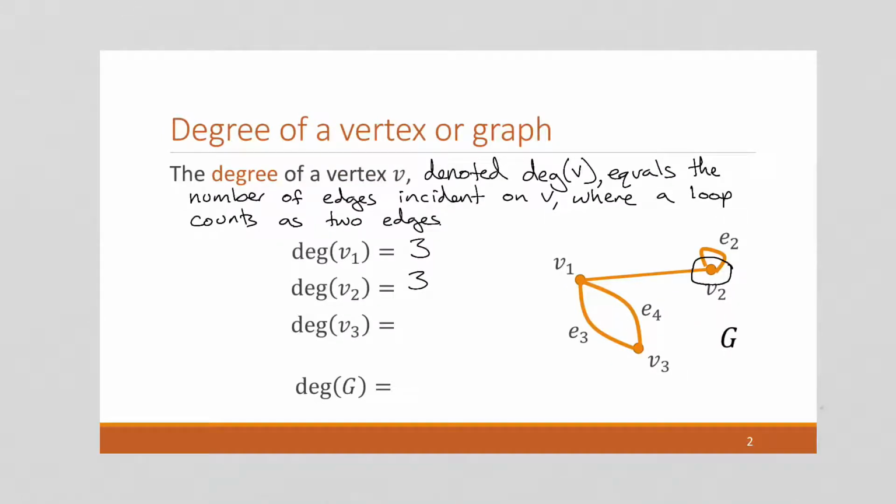Even though 2 of them are from a loop, as we said in our definition, a loop counts as 2 edges. Well, this is one explanation of why. You just have to make that little circle small enough. And here we only have 2 edges coming out, so V3 has degree 2, which means the total degree of our graph is going to be 8.